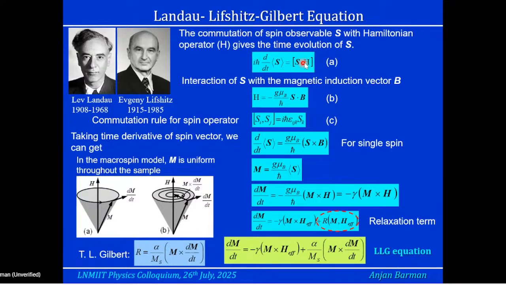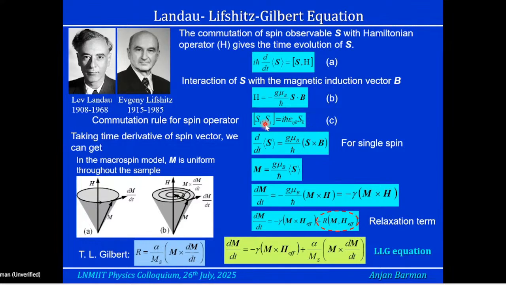We know the commutation relation for the spin operator is [Si, Sj] = i hbar epsilon_ijk Sk. This is the standard commutation relation.